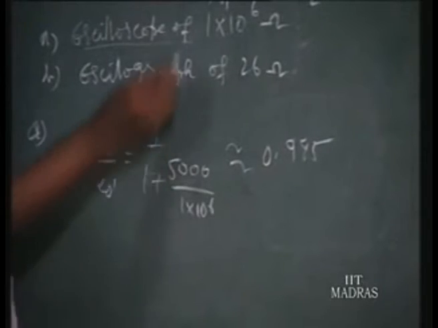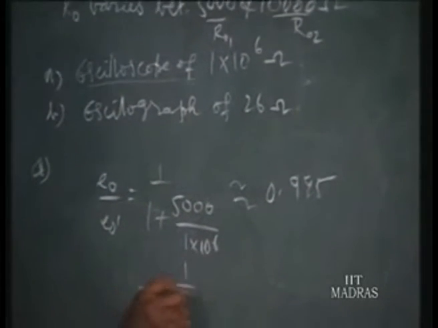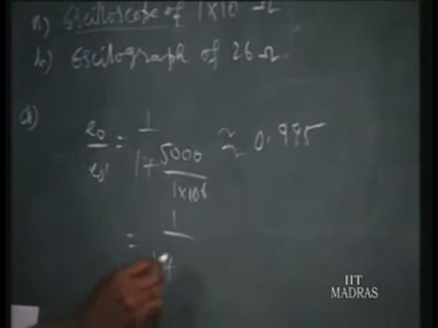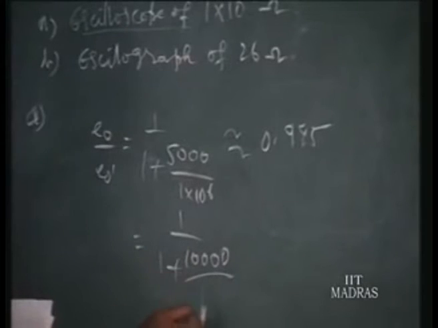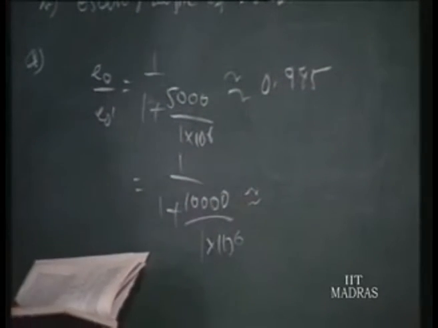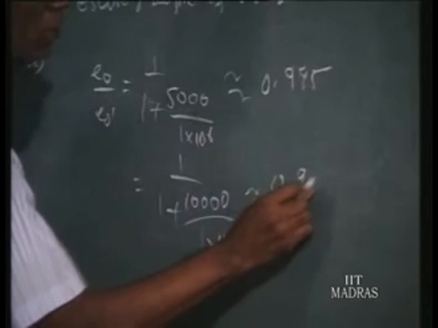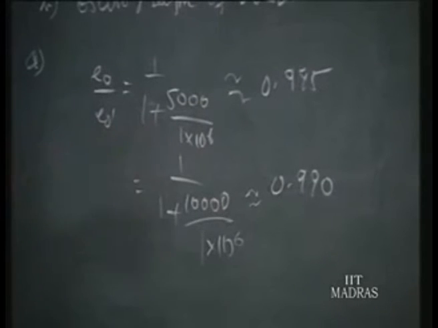In the second case, that is the other extreme, RO is 10,000, so it is 1 over 1 plus 10,000 over 1 into 10 to the power 6. For the same instrumentation it is approximately equal to 0.990.